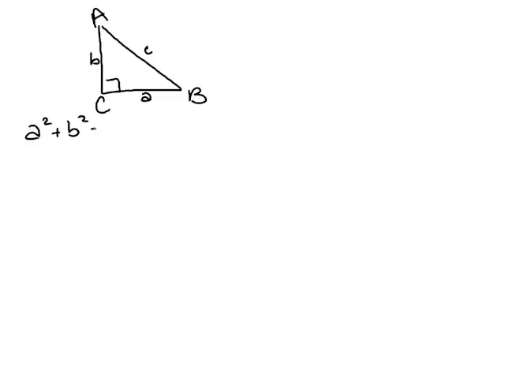Let's do one more. So draw your triangle. Put all your labels on. So remember, A squared plus B squared equals C squared. So let's say I have an A value of 7.5 feet. And I have a hypotenuse value of 15 feet.